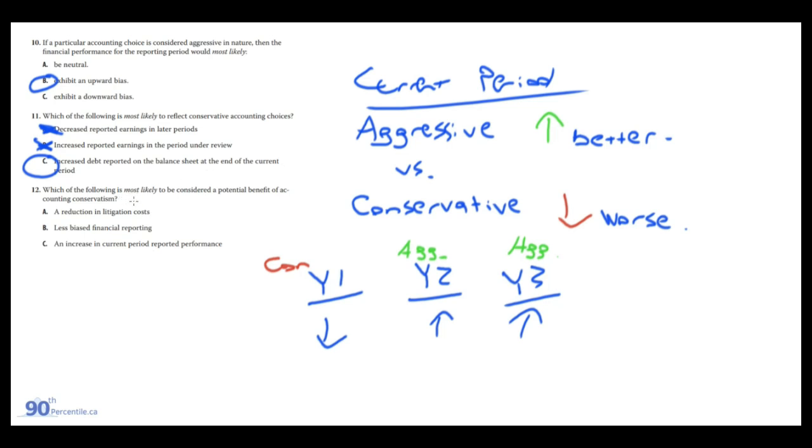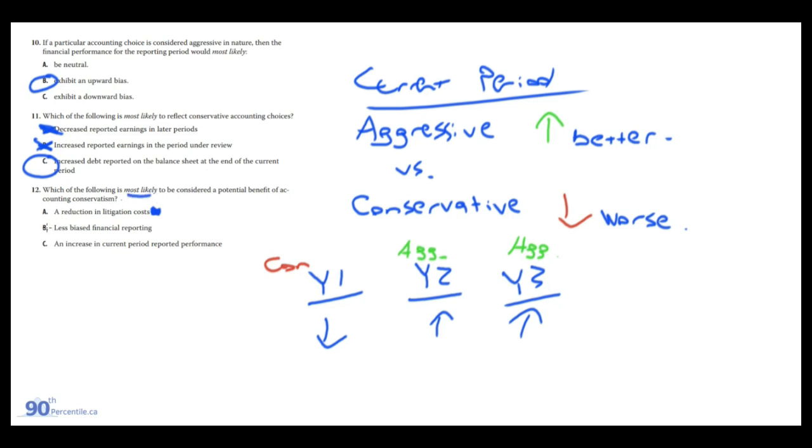And then finally, which of the following is most likely to be considered a potential benefit of accounting conservatism? A, a reduction in litigation costs. Yeah, we'll come back to this. This is kind of on the fence. It's going to be our answer, but we'll come back to it because once again, we're worried about most likely.